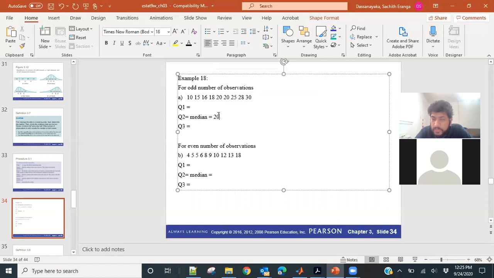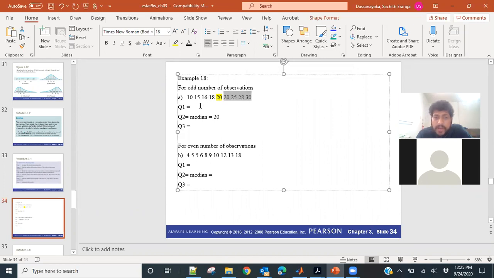I'm not going to repeat that calculation, just find the median of this data set. Okay, 20, this is the median. So 20 divides your data set into two halves, this part and this part. The first part we call the bottom half, this part we call the top half.